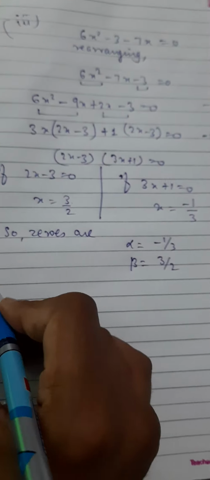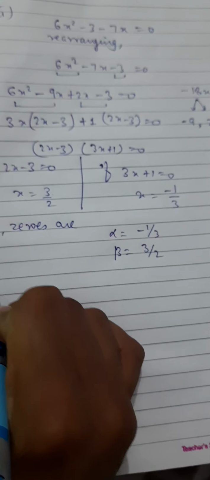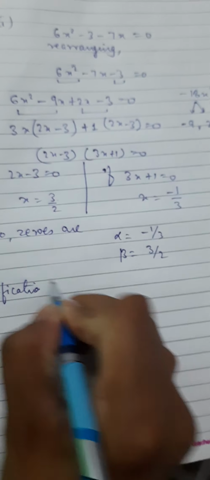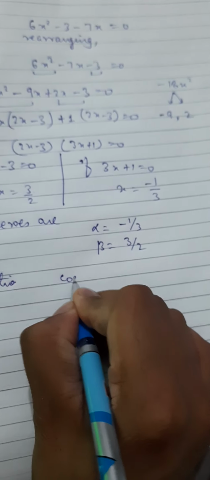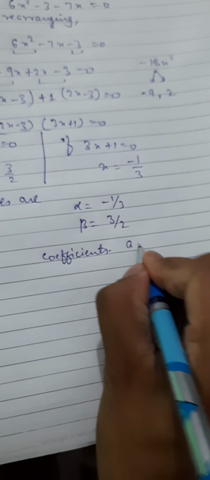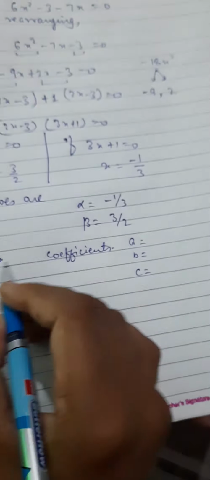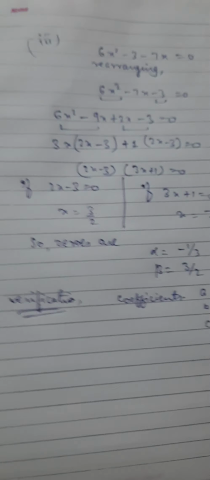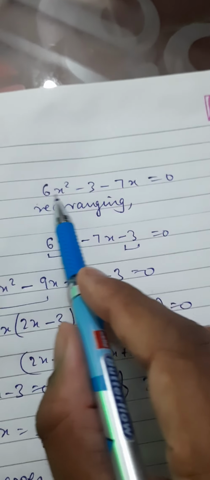So verification we will start. For verification we will write the coefficients: A equals, B equals and C equals. Don't see the ABC values there.